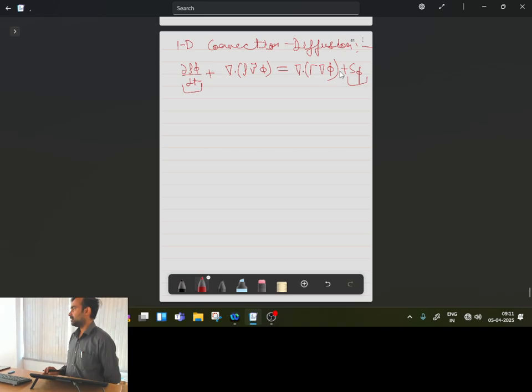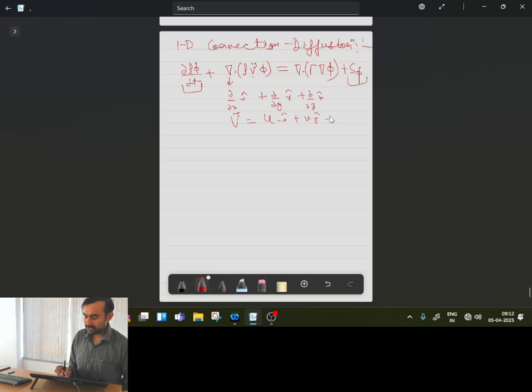Is this point clear? Now, the other thing I can do is, this del operator is del by del x i cap plus del by del y j cap plus del by del z k cap. So it is pointing in all three directions. Similarly, the velocity vector v vector is equal to u i plus v j plus w k for the Cartesian coordinate system.